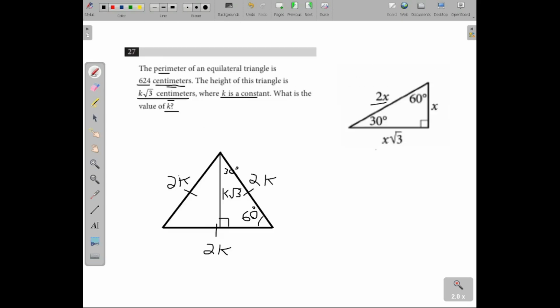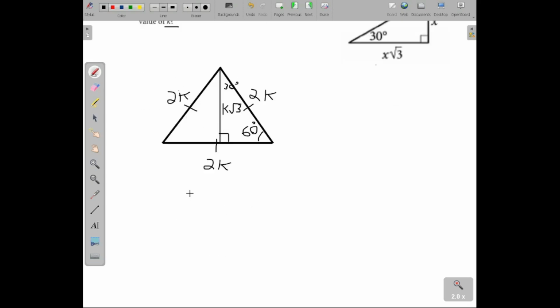And we know the perimeter. So we know that 2k plus 2k plus 2k is equal to the perimeter, and the perimeter is 624.